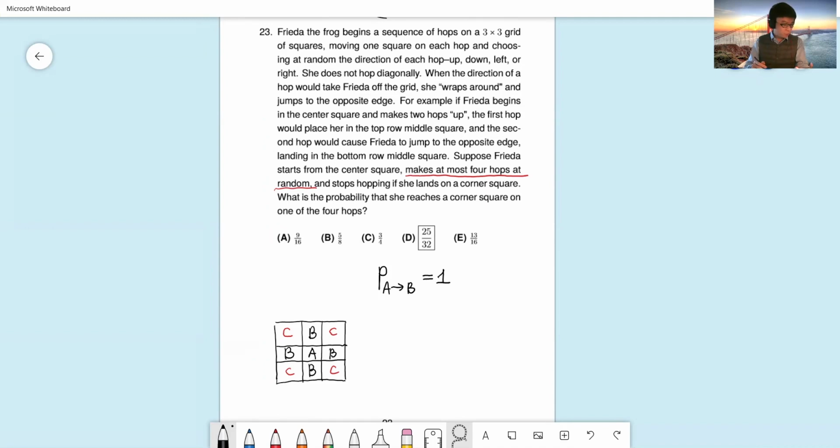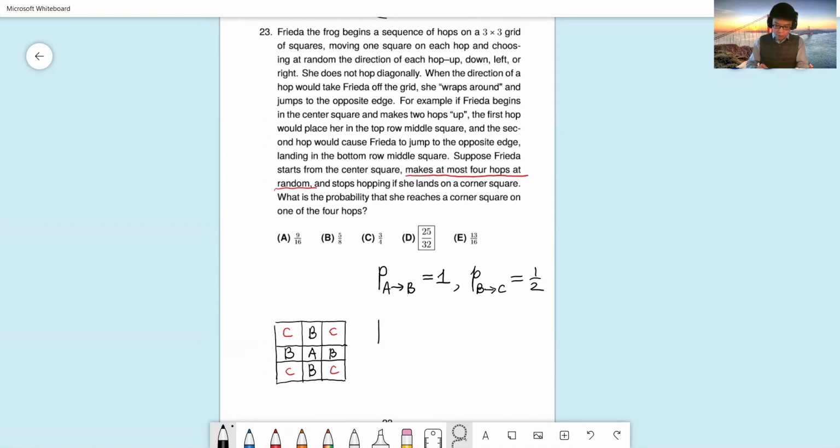That's for sure. And then we can have probability from B. If we start at B, we can go to C. And the probability is 1/2, because only 2 directions provide C.